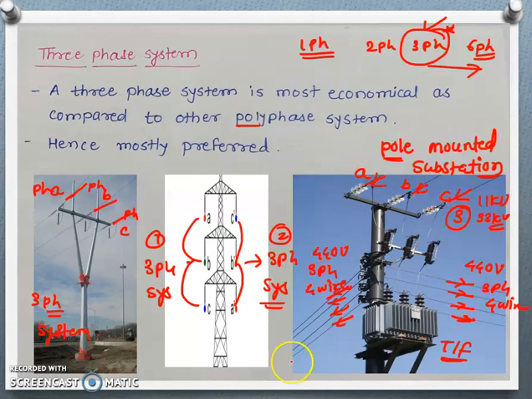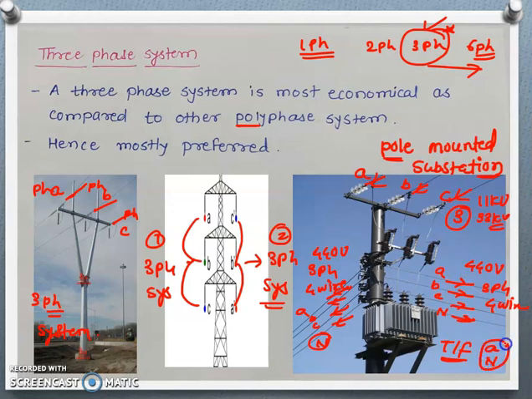There are 3 phases incoming and outgoing will be A, B, C and N. Here also this will be A, B, C and N. And N is neutral, which provides the return path for the current. And from these 4 wires we take one wire. From these 3 phases we take, suppose, A phase and neutral.